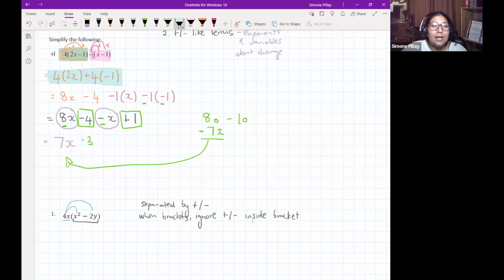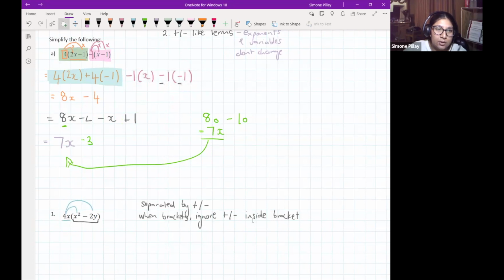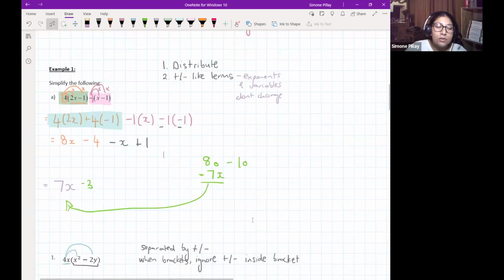Okay. My format here is a little bit wrong because remember, I only worked with 1 bracket at a time. So the correct format here should have actually been this, and let me show you. The correct format would have been this, and then this, and then this. This is the correct format. Remember, I only started dealing with 1 bracket at a time.